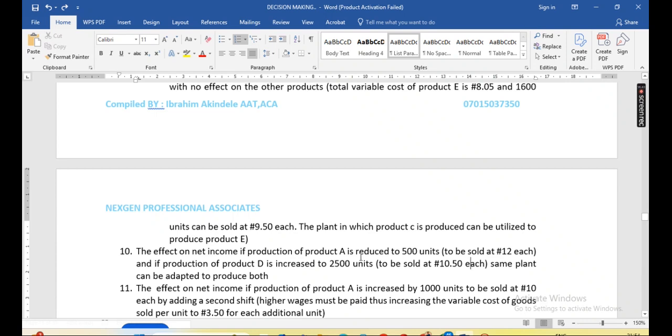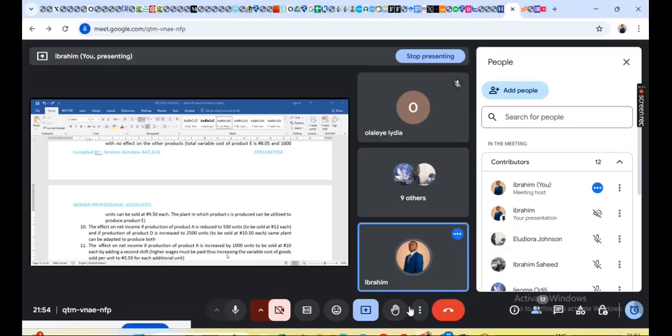So now, what you will do in this case is present the new contribution and the old contribution. Do you have an increase? Do you have a loss? And that is the analysis.